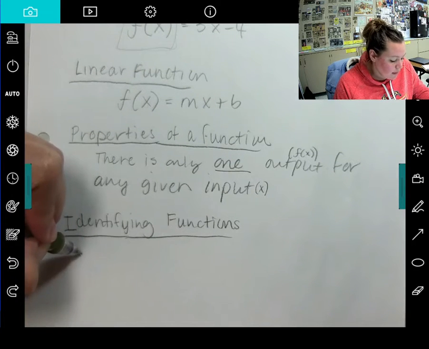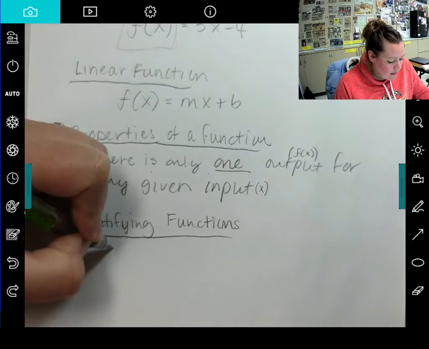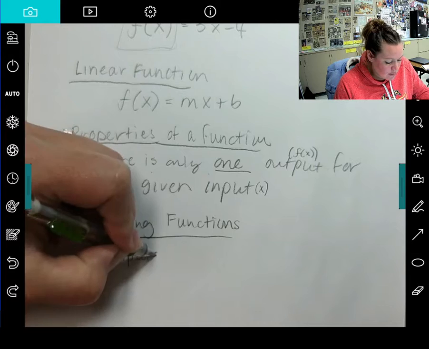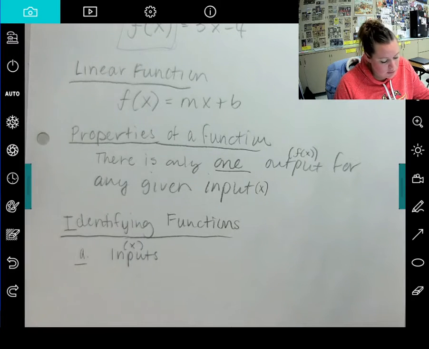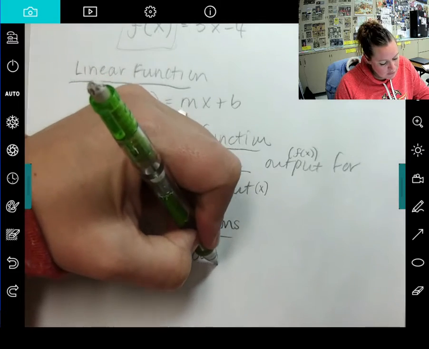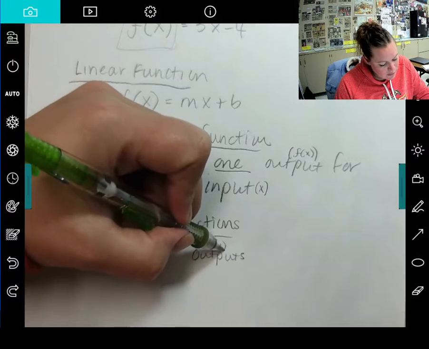We're going to start by looking at an example, I'm just going to call it A. We have a list of inputs, and remember those are our x values, and we have a list of outputs, so those would be our f of x values.